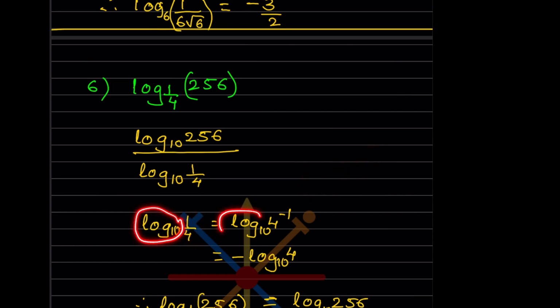This is log of 4 raised to minus 1 to the base 10. Now we can take this minus 1 outside, and it will be minus log of 4 to the base 10.